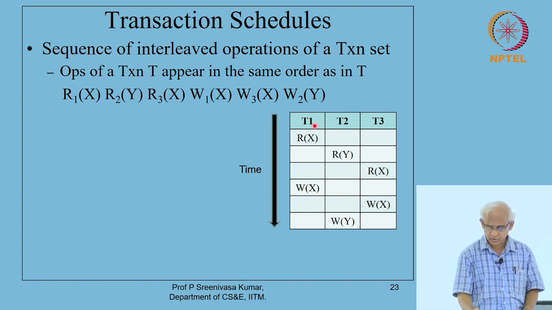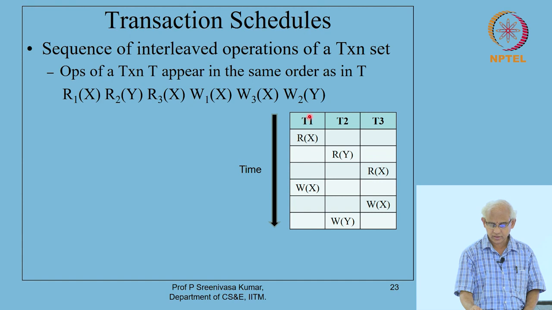It is actually easier to view it in a tabular form. Time is progressing this way. These are the individual operations of the transaction T1. Since they are in the column T1, we did not put the subscripts here. Similarly, the ones in the column T2 are all of transaction T2, so we do not put the subscripts.